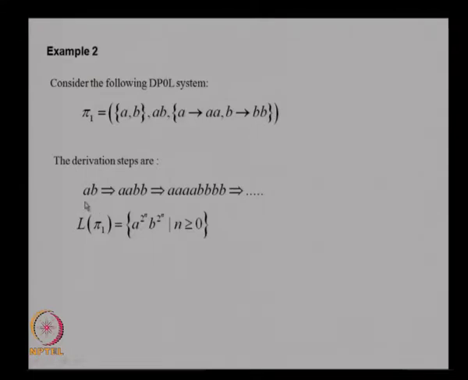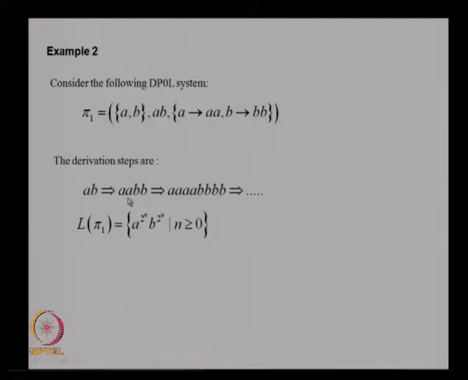Then starting with AB, you have A rewritten as AA, B rewritten as BB, and in the next step each A is rewritten as AA, each B is rewritten as BB. So, in 2 steps you get this, and generally the string generated will be of the form A power 2 power n, B power 2 power n.